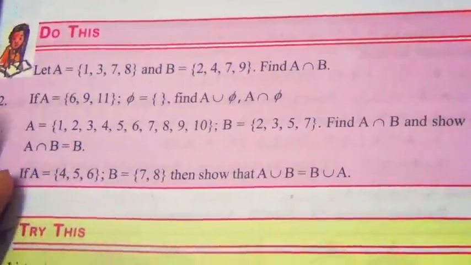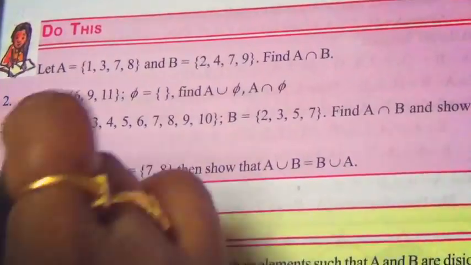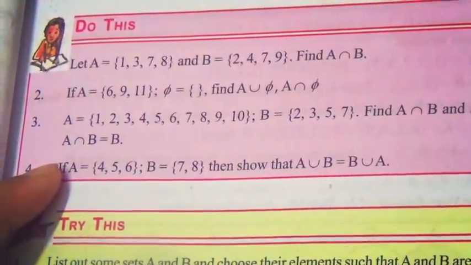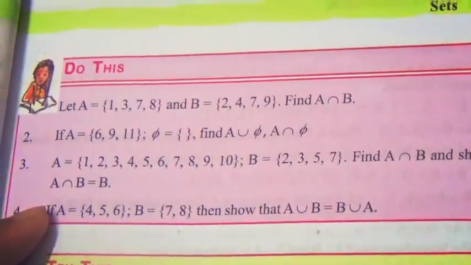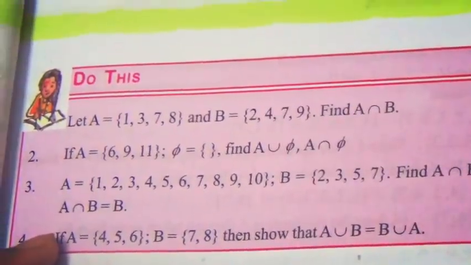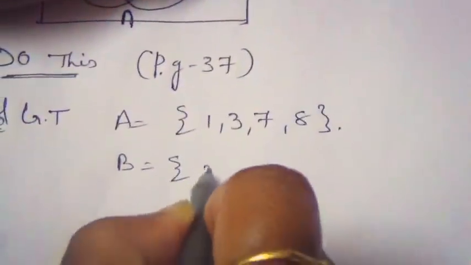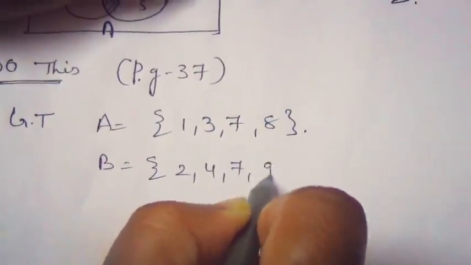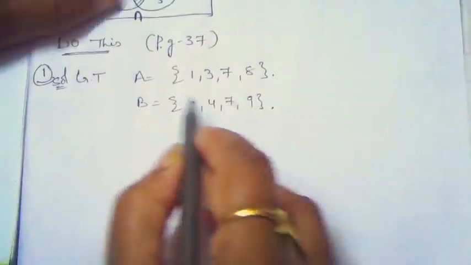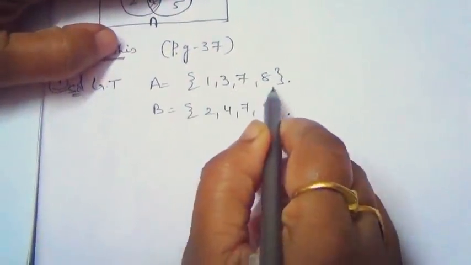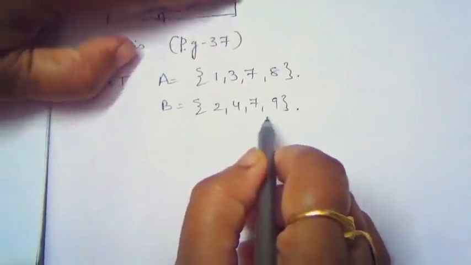You just look after here. So first sum, given that first sum solution, A is equal to {1, 3, 7, 8}. B is equal to {2, 4, 7, 9}. So A is equal to {1, 3, 7, 8}, B is equal to {2, 4, 7, 9}.